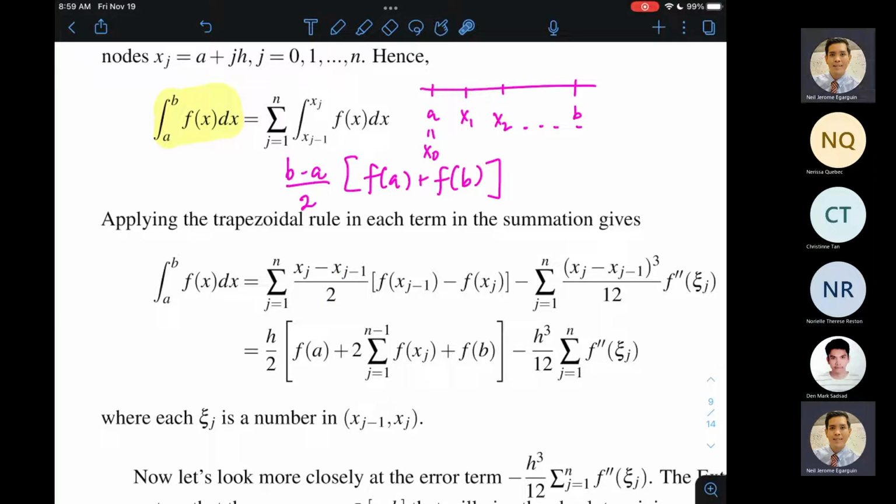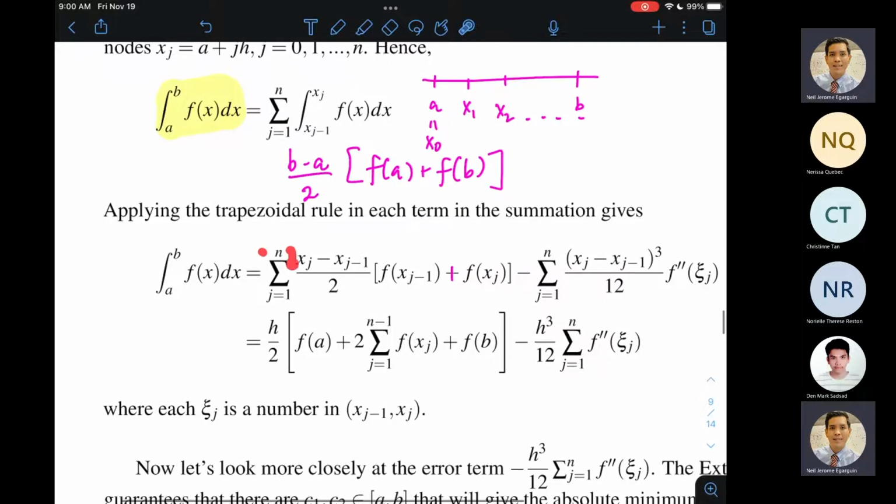And then yung second factor sa trapezoidal rule, function value sa lower limit plus function value sa upper limit. Okay? Kaya there's a typo here. Dapat function value sa lower limit plus function value sa upper limit. Okay?